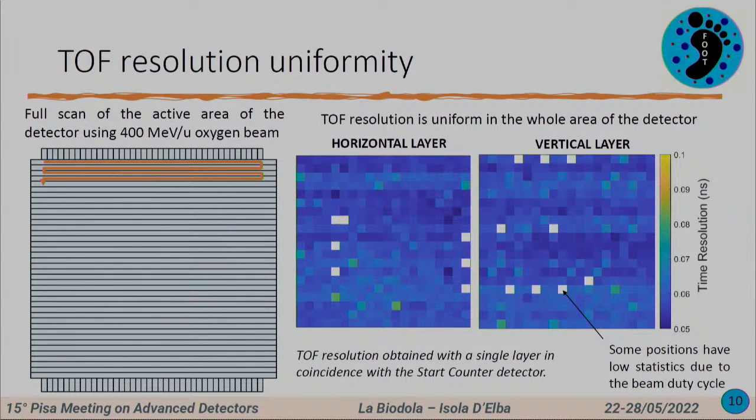Here we plot the resolution between the start counter and each of the 2 layers separately. So only one of the 2 layers has been considered in each one of these 2 plots. And there are a few missing points just because the detector was moving continuously and the beam has its own duty cycle, so sometimes some positions were missed.